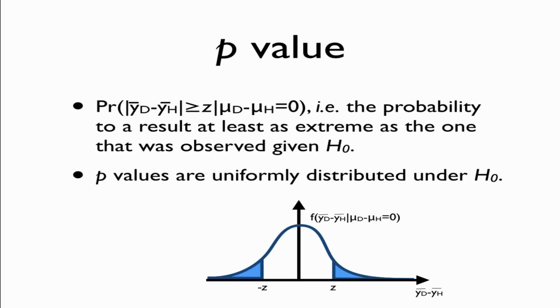One interesting feature that we will be using quite a lot further on in this lecture is that p-values are uniformly distributed under the null hypothesis. So it's equally probable to observe a p-value of 0.01 as 0.99.